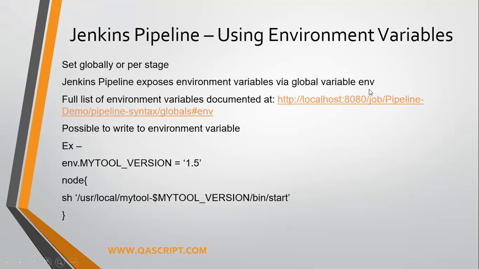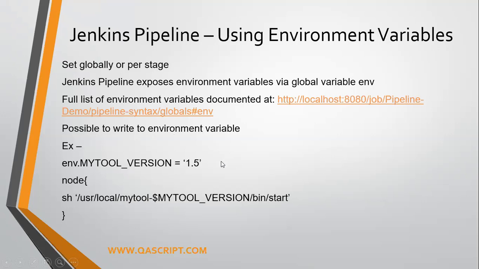Now, in a pipeline, the environment variables are exposed via a global variable called env. So using env, you can access any environment variable within a Jenkins pipeline, and the full list of environment variables is documented at a place in Jenkins, right? So I'm going to show you that page. As I was saying, we can use env to access any environment variable.